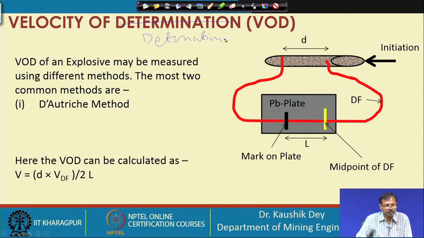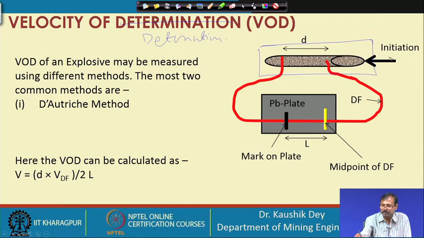The velocity of detonation of an explosive may be measured using different methods. In this class we will discuss the two most common methods. One is the Dautriche method, which can be applied in laboratory conditions. The Dautriche method is applicable for a short column of explosive or for detonating fuses, and you can see the experimental setup where a column of explosive is kept.